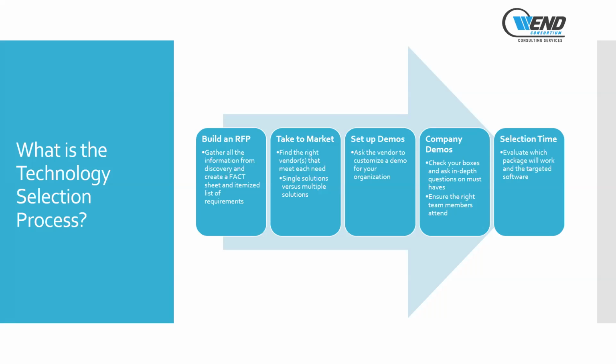When we look at technology selection for ourselves and for clients, the first step is building out that RFP. That's gathering information. Let's make sure we get our fact sheets together, and let's get that itemized list of requirements. From there, we want to take our RFP out to market. That allows us to be in the driver's seat in understanding what is out there.